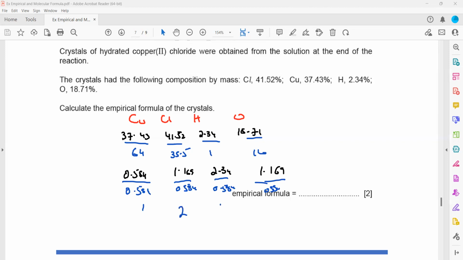That's 2. This one will be 4, and this one is 2. So the compound contains Cu, Cl2, H4, O2.